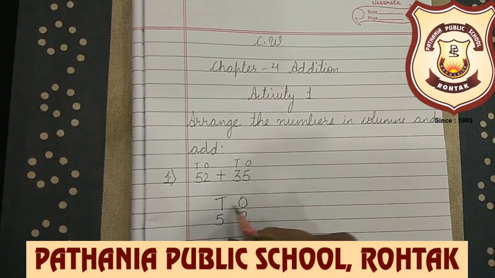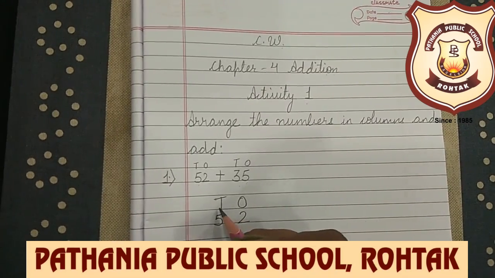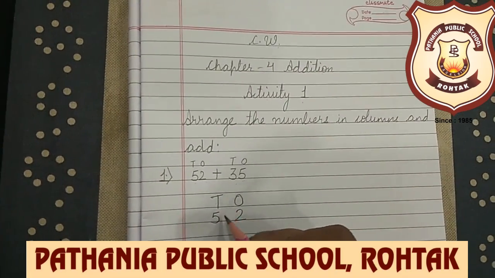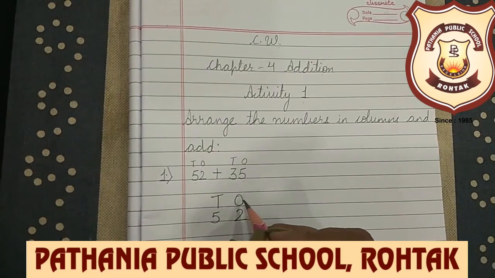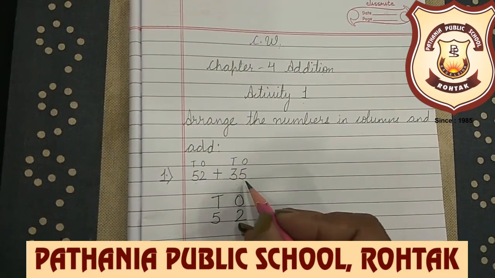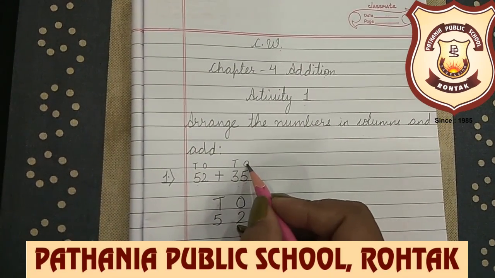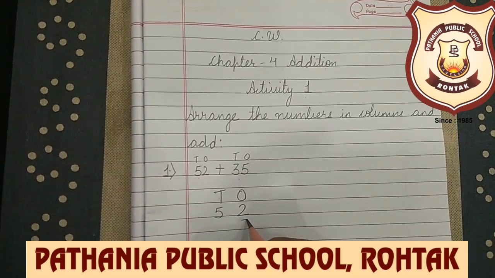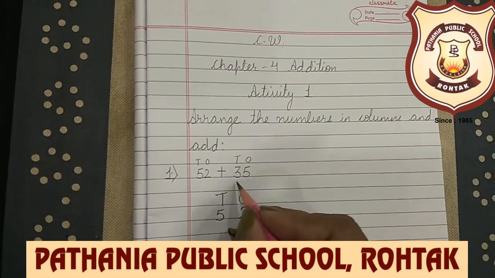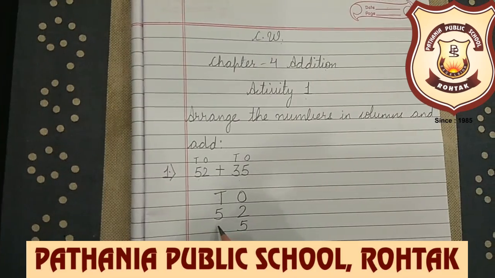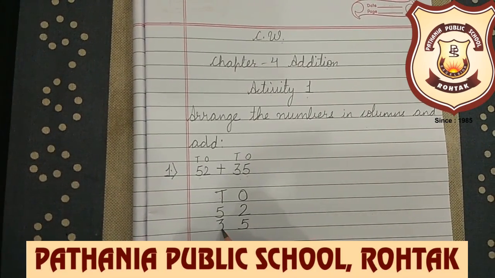We will write each digit as per its place in the correct column. Now here 5 is at ones place, so we will write 5 in the ones column, and 3 is at tens place, so we will write 3 in the tens column.